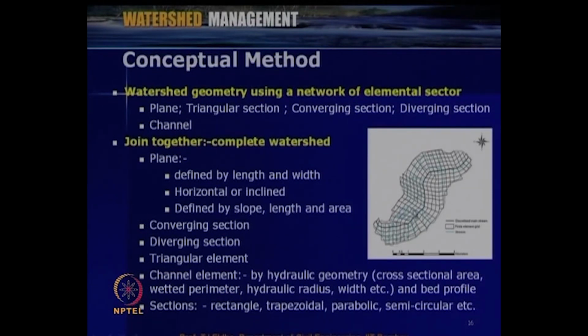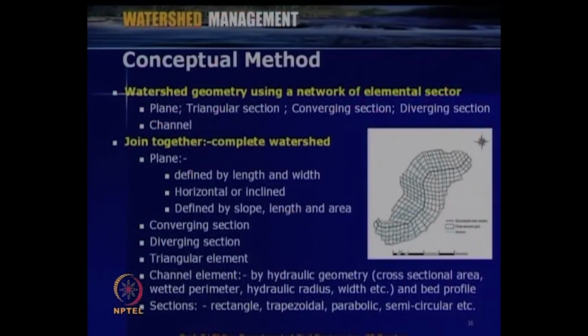For example, if this is the watershed and this is the channel, then we can consider various planes, sometimes triangular shapes, or converging or diverging sections. When we join all these sectors together, we have the complete watershed.